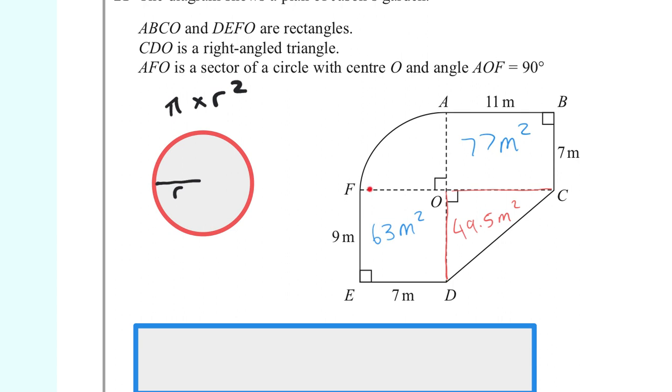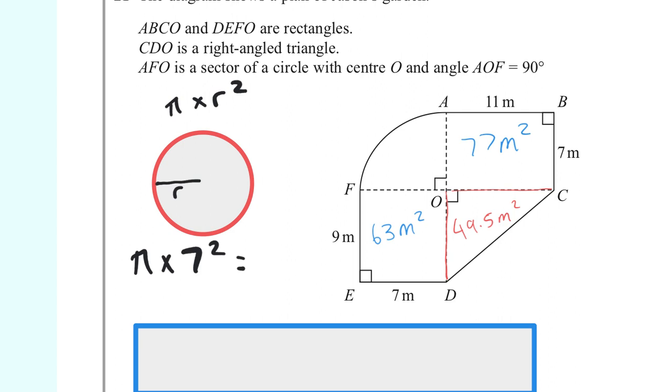Okay, so if we imagine this is part of a circle, it would keep going like this. So this little length here goes from the middle, says centre, to the edge, from the centre to the edge. So we know the radius of this circle is 7. You can look at it here or here. 7, 7. So to find the area of an entire circle, so if we had the whole thing, we'd do pi times 7 squared.